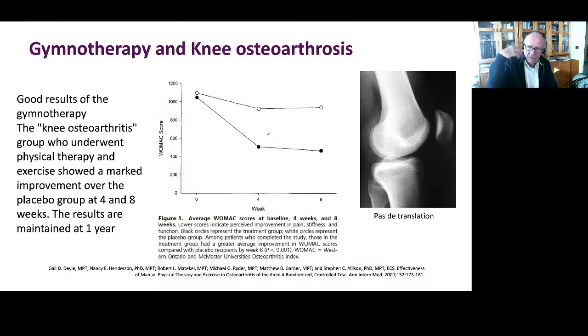Soft, quiet movement to mobilize the articulation, the joint. At this moment, gymnotherapy is the best treatment for knee osteoarthritis. It is better than surgery.